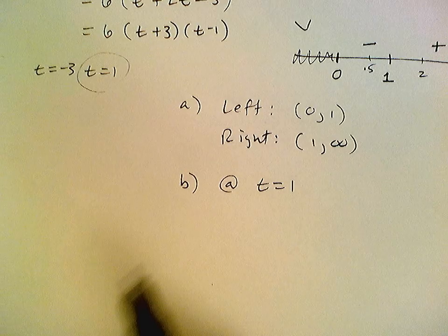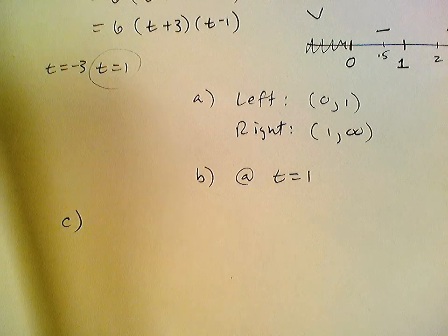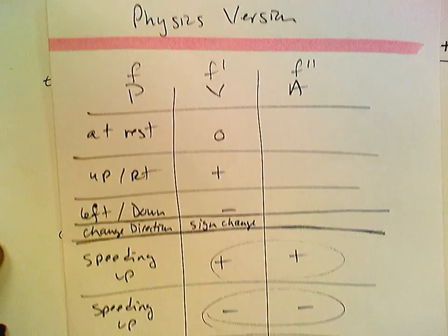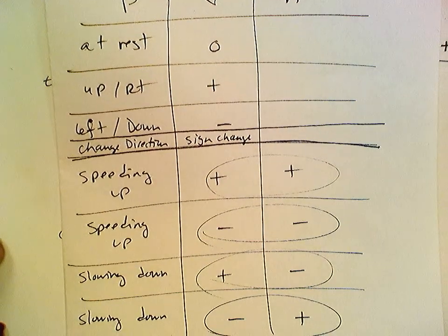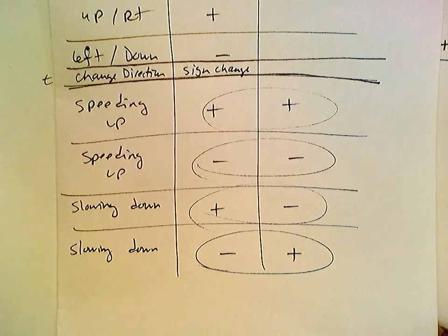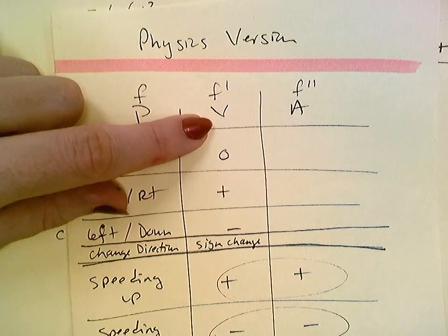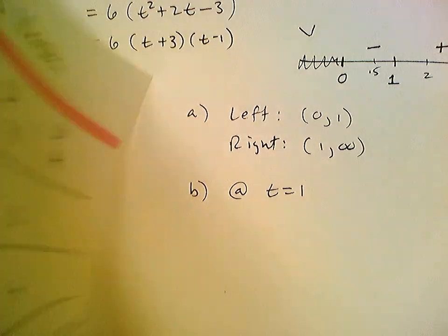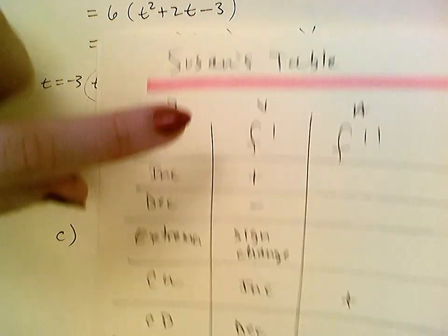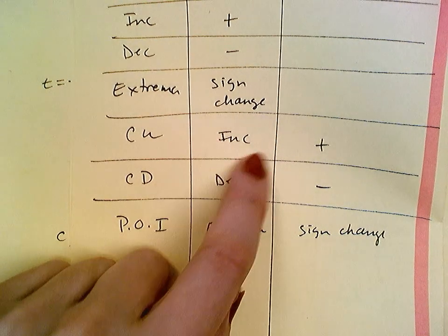Okay, now, for part C, when is velocity increasing or decreasing? All right, now, there is nowhere on this physics version of Susan's table where I have, like, in the velocity column, increasing or decreasing. I don't have that. But remembering that velocity is the first derivative, on the regular version of Susan's table, for the first derivative, down here we have increasing.